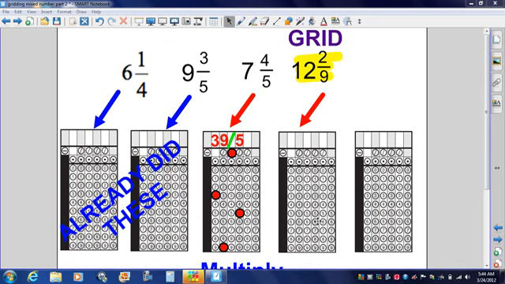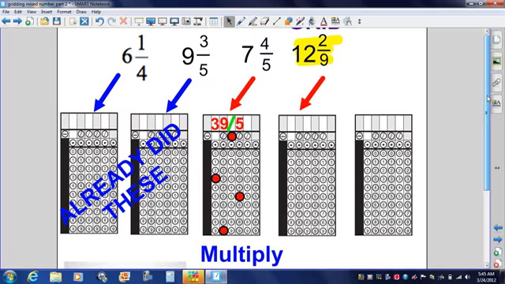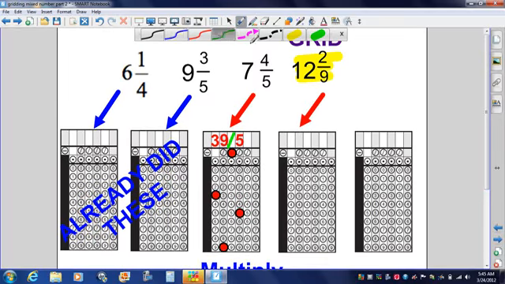In the next grid, I would like you to grid in the mixed number 12 2/9. Don't forget, you got macked by the Hamburglar. Multiply, add, keep the denominator. Multiply 9 and 12, or you could say 12 and 9. Commutative property. Nice.